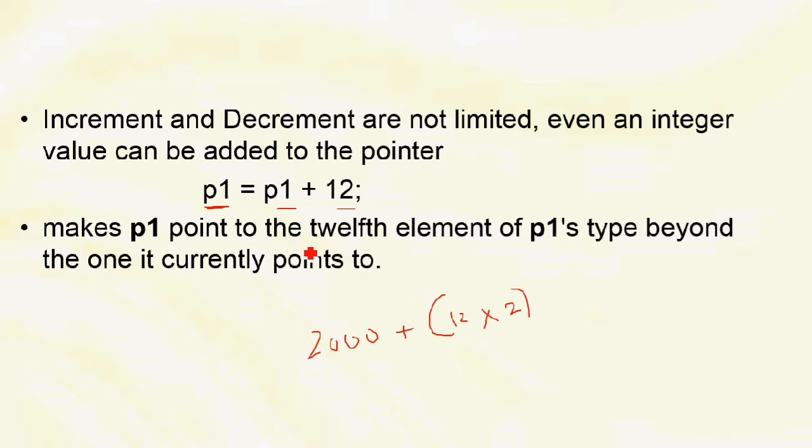That is, the new P1 will point to the 12th element from its current location. Suppose P1 points to the first location at present; after this operation, P1 points to the 13th element of the array. So P1 plus 12 indicates the P1 value plus 12 times the size of integer. The result is 2024.